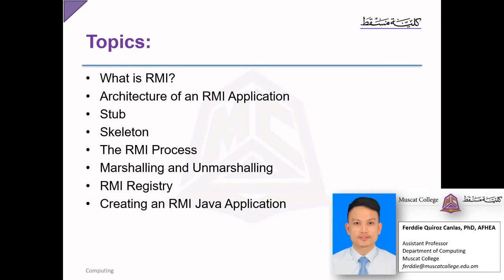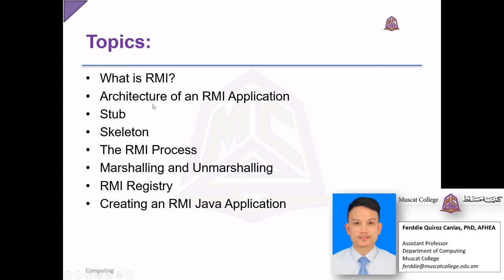The famous one they are using today is RMI. Later on you will see what RMI is, how they implement it, and what architecture is involved in writing RMI applications.